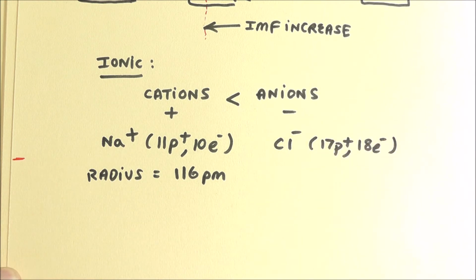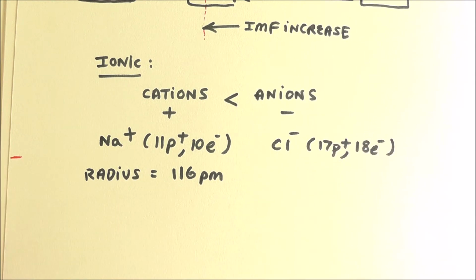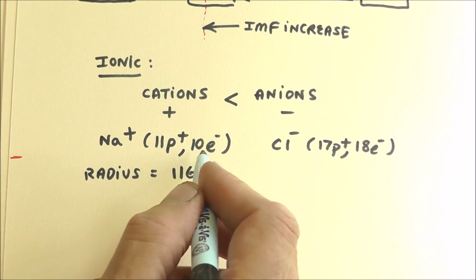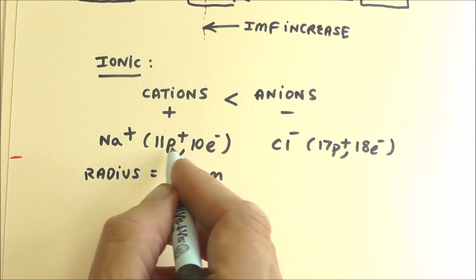Now, to really understand intermolecular forces and stuff like radius of an atom or an ion, you have to use your imagination. So try to figure out in your mind, what do you think would be a bigger thing? A positive ion with 11 protons in the nucleus. And by the way, what holds the electrons there is the protons, right?